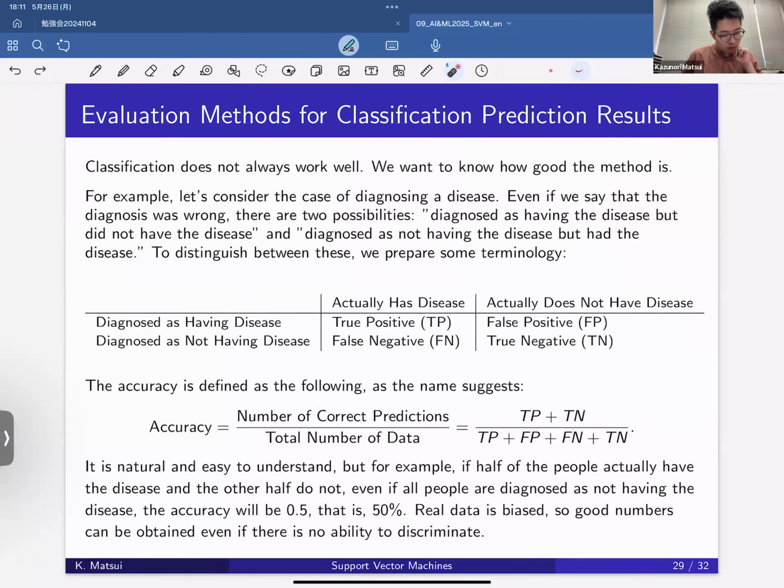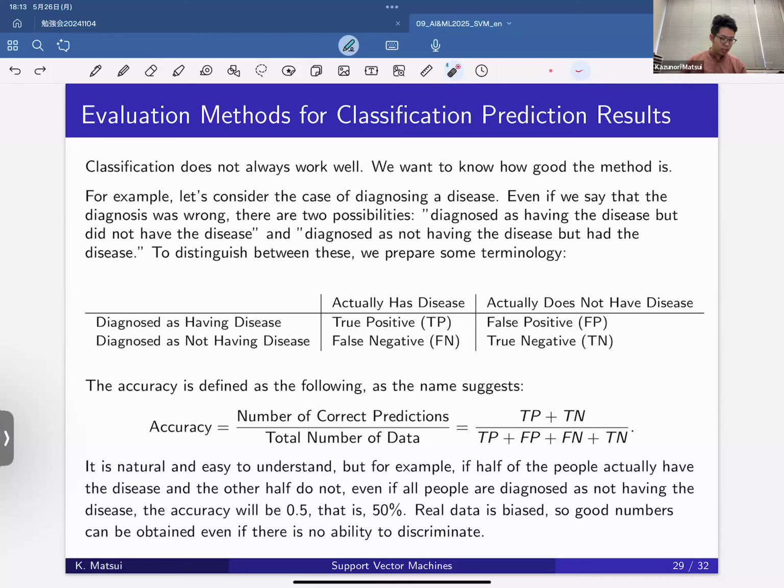We have introduced several classification methods so far, so let's talk about how to evaluate them. Let's say we want to know how good the method is. As a specific example, let's consider the case of diagnosing a disease.